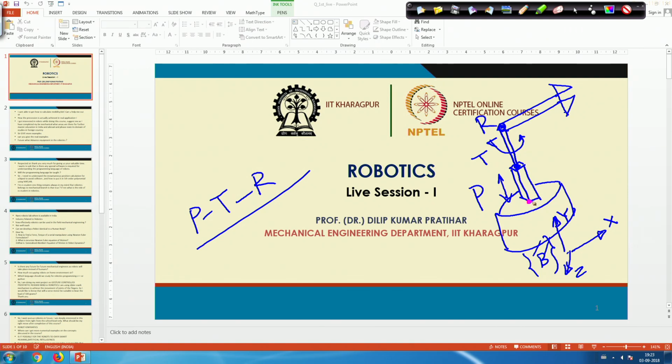Now, this joint is a prismatic joint, so the z axis will be along this particular direction. So, this is my z naught, this is my x naught, and z cross x, so y naught will be something like this.